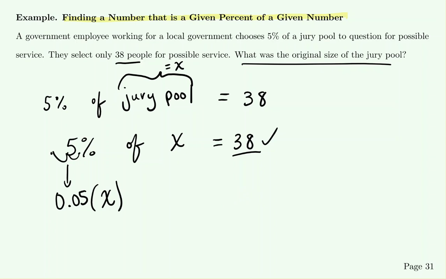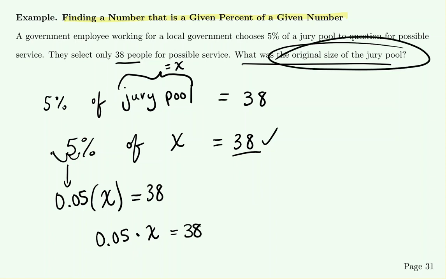And we know the result of that from what it phrased is 38. So we know 0.05 times X, this is just another way to write multiplication, equals 38. And specifically, we're looking for the original size of the jury pool, but that is X. So we know we can finish this problem by solving for X.